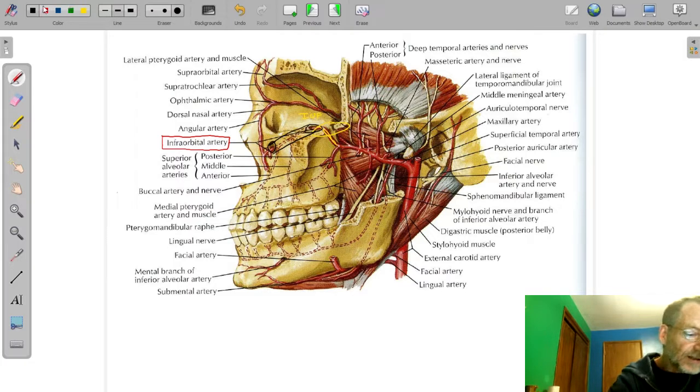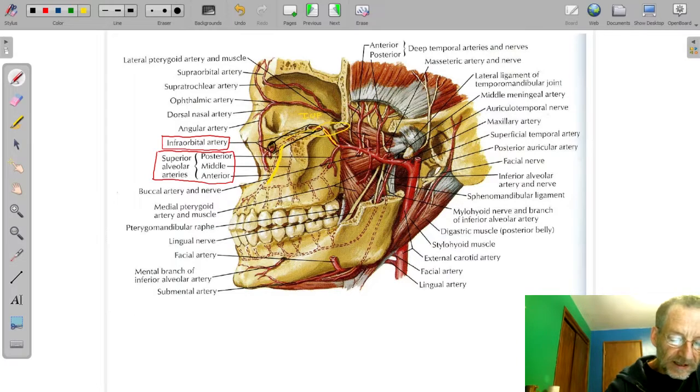So here are our superior alveolar arteries. Here is the ASA. Maybe make that a little darker.